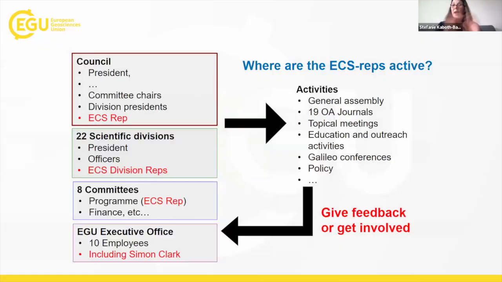Next slide, please. So, as I said, we're everywhere basically. We are in the council, we are within the divisions, we are on the committees, we are on the executive office.